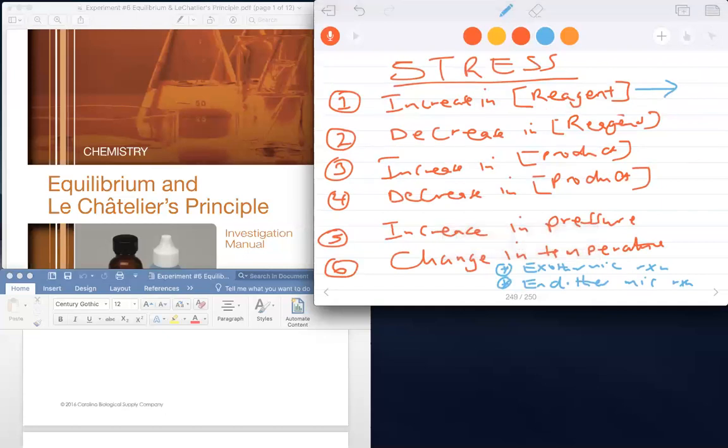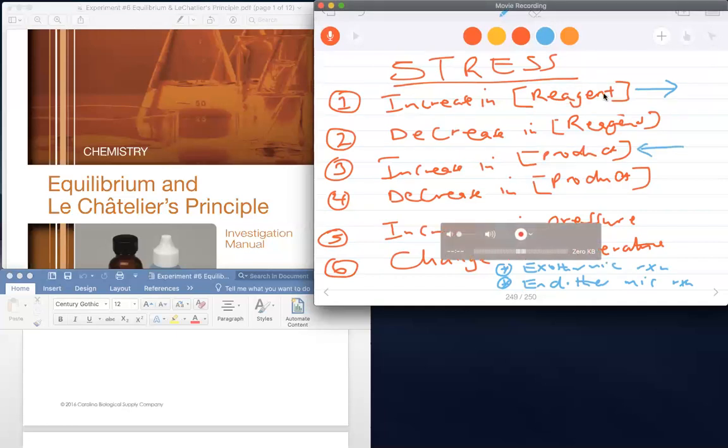So increasing the product concentration, it will shift towards the left. When you see the arrow, it shifts towards the left. Either you use an arrow, or you state that it will shift towards left or towards right. So increasing a reagent, it will shift away from what you are increasing. That's how I look at it.